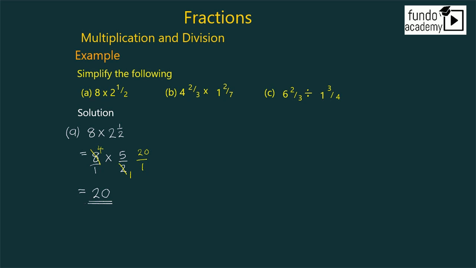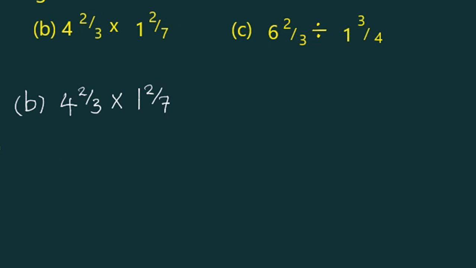Alright, let's move on to part B. On part B, we have 4 2/3 multiplying 1 2/7. What you're seeing here are two mixed fractions in multiplication.